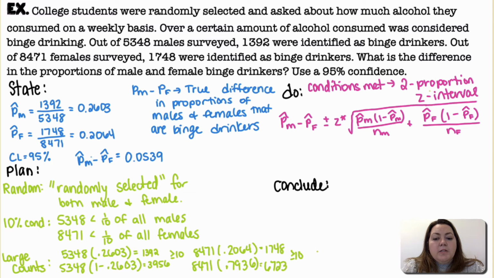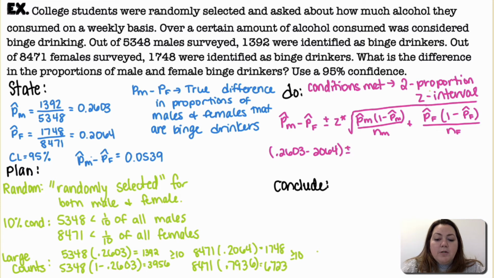So my specific formula here would be p hat M minus p hat F plus or minus z star times the square root of p hat M times 1 minus p hat M over nM plus p hat F times 1 minus p hat F over nF. When I plug numbers into this, I'm plugging in the sample proportion for males and the sample proportion for females.